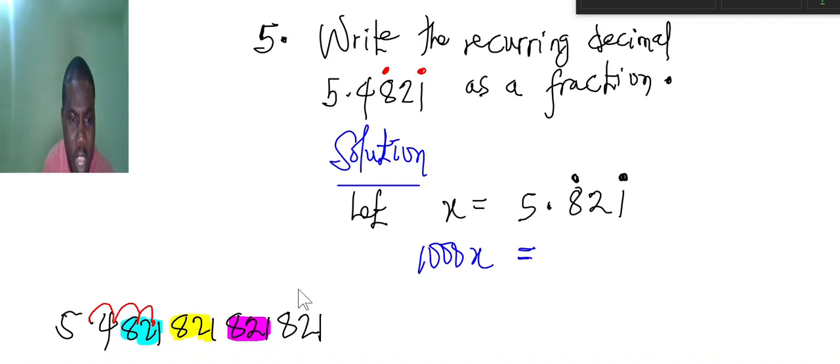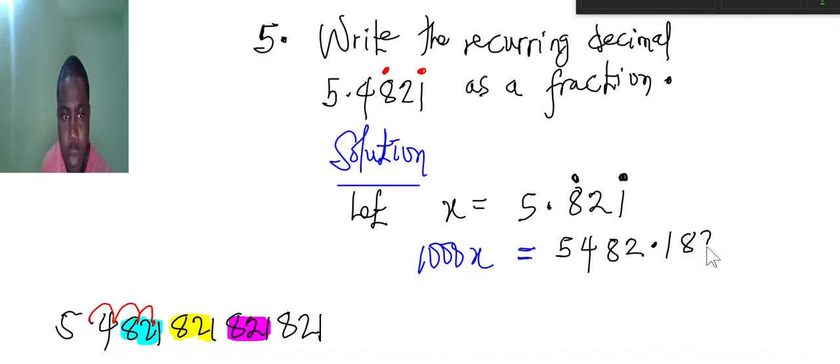So that's 5482.1821 and so on. So I have something like that, after multiplying by 1000.